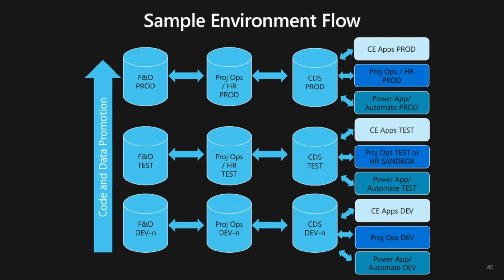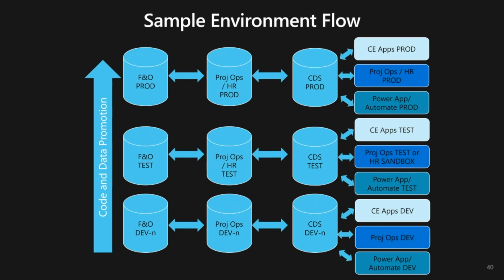You'll want to think about the flow between your environments, and you'll also want to consider adding timing into your diagram as well. But this is a very simple example to help you get started and start to visualize what might need to be included in your environment flow.